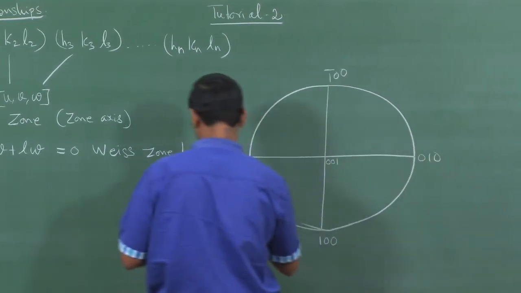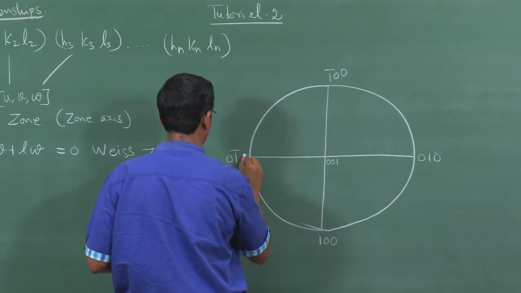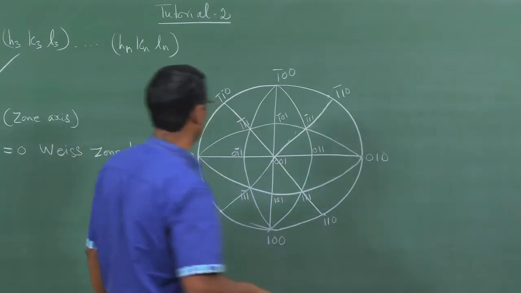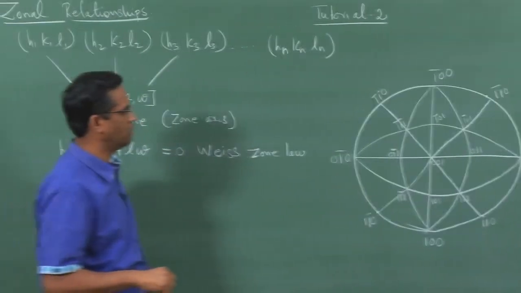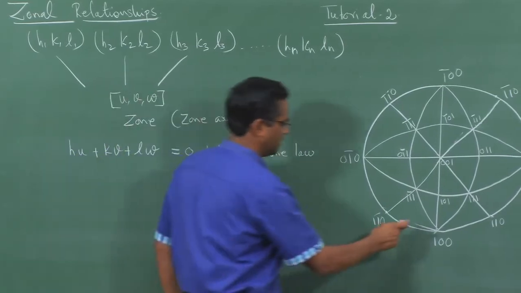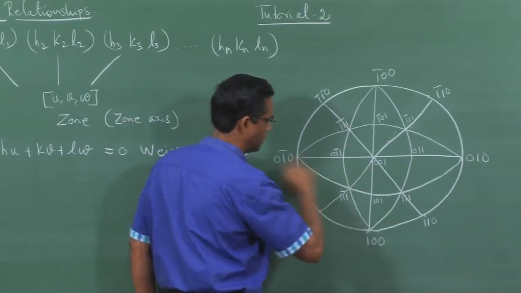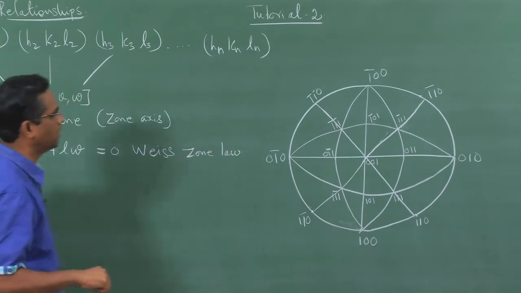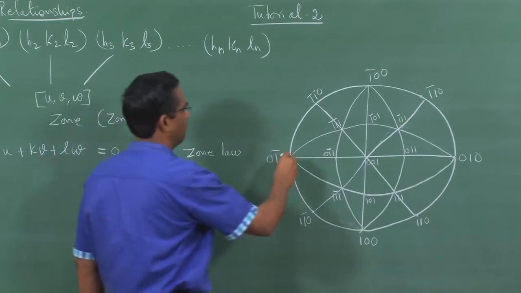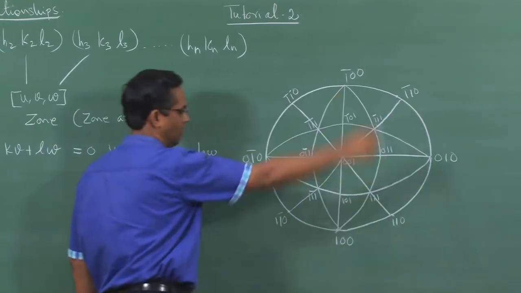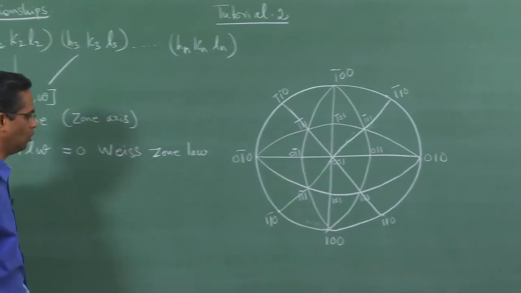So what I have drawn here is a standard 001 stereographic projection, and all the poles I have marked are the standard ones, which you all know.